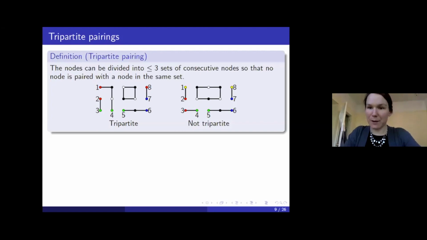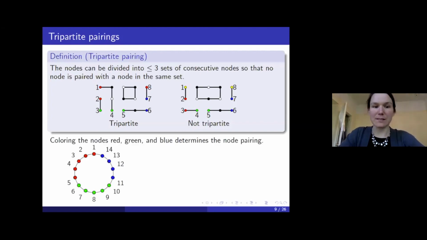So then something I wanted to point out about tripartite pairings is that if you have a set of nodes, and you color them red, green, and blue, that determines the node pairing. So this picture just represents that there could be any graph inside this circle, and I'm just trying to demonstrate something about the nodes. And this is because all the pairings in a double dimer configuration are always planar.